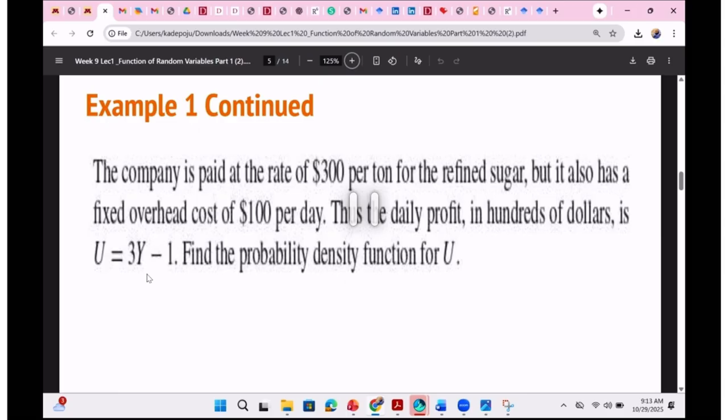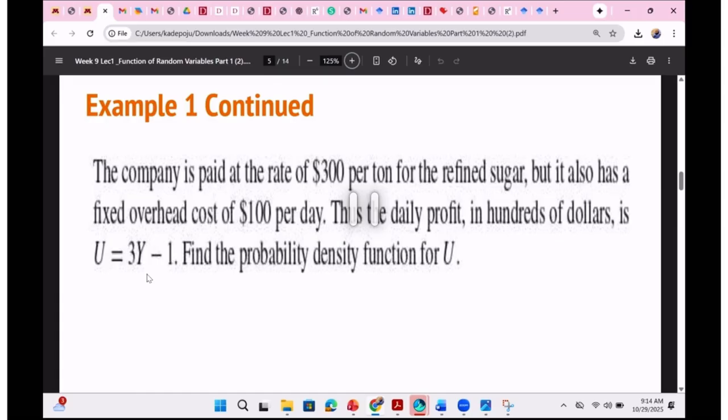This is an example of a function of a random variable. If y, which is the amount of sugar produced, is a random variable, then u, that is the profit, is also going to be a random variable, because a function of a random variable is also a random variable.